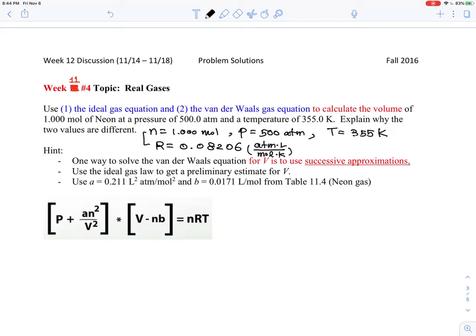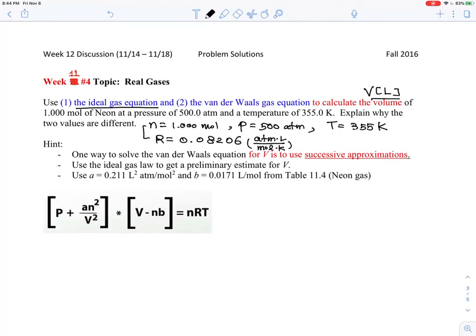So that's the unit. Therefore the volume has a unit of volume; the symbol is V, in units of liters. So that's what I would have. And with the ideal gas equation, the answer is pretty simple.